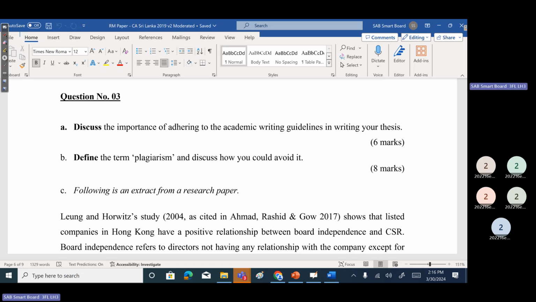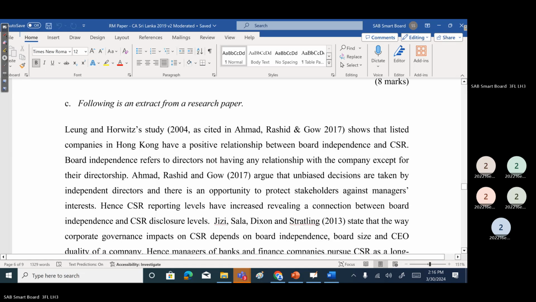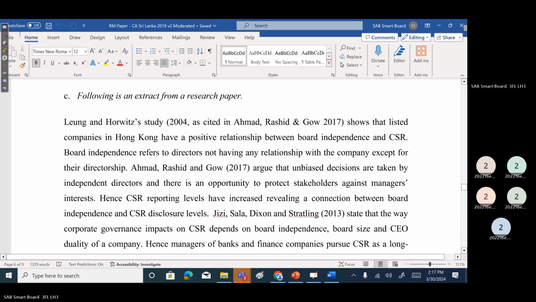Then you are given a research paper, and you are asked to identify what the errors in this text are.